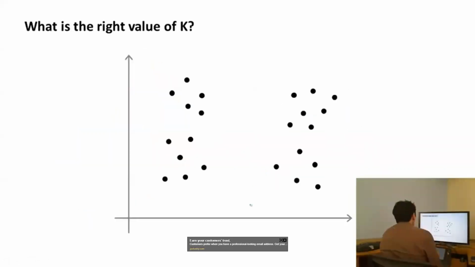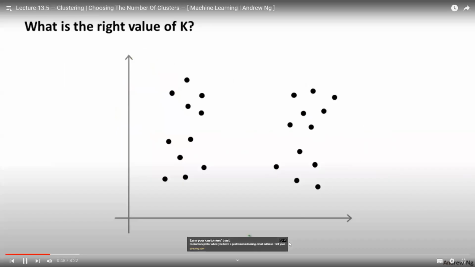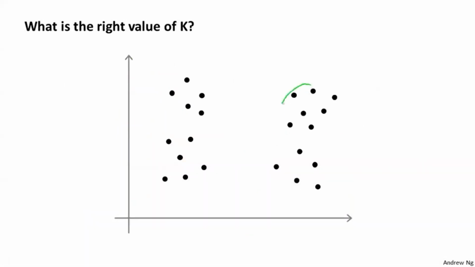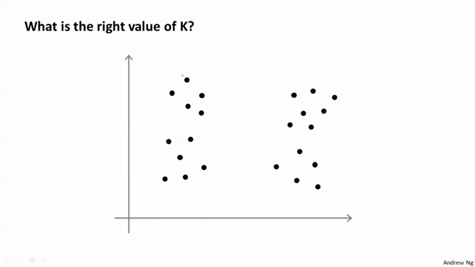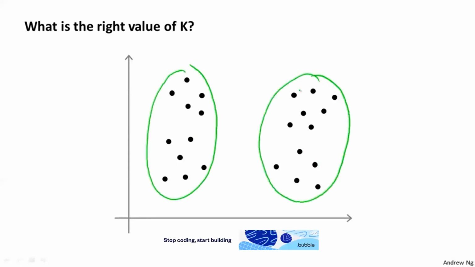A large part of why it might not always be easy to choose the number of clusters is that it's often genuinely ambiguous how many clusters there are in the data. Looking at this data set, some of you may see 4 clusters, and that would suggest using k equals 4, or some of you may see 2 clusters, and that will suggest k equals 2, and yet others may see 3 clusters.